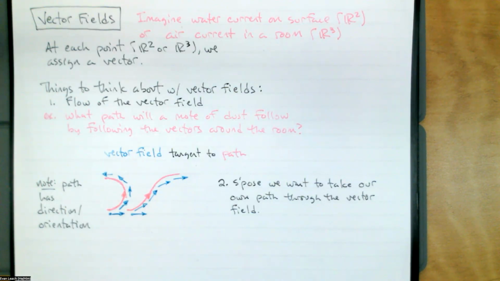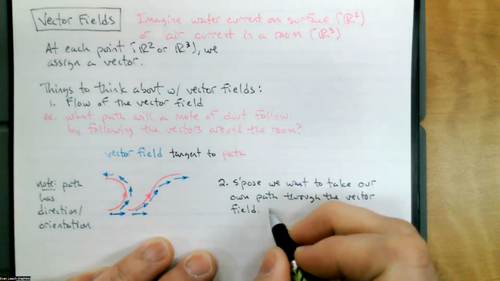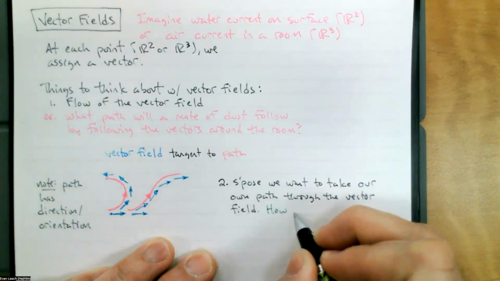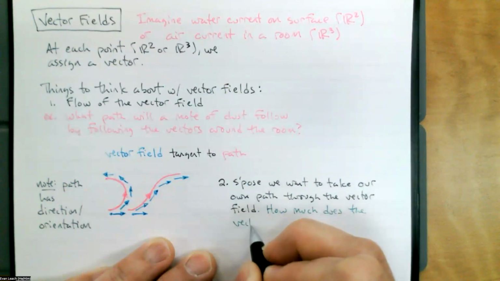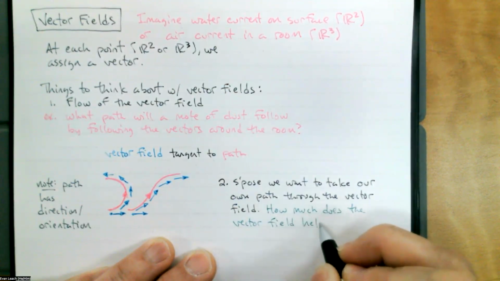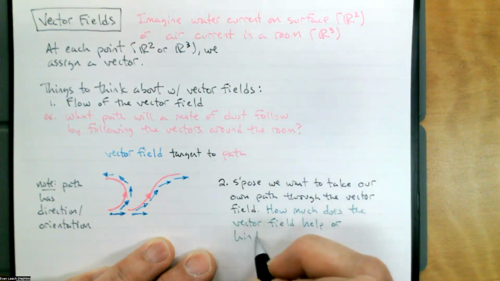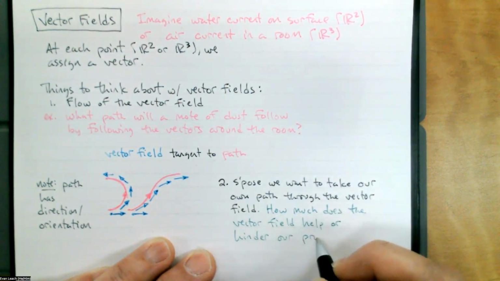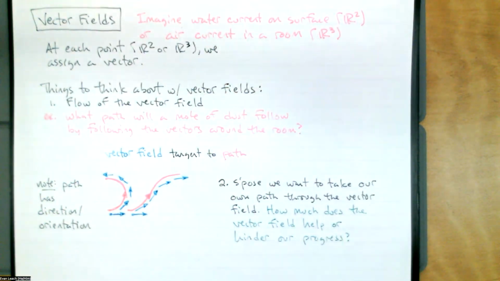So here, we're making our own path, and we're thinking, how much is the vector field pushing with us, or pushing against us? How much is the vector field helping or hindering our progress?